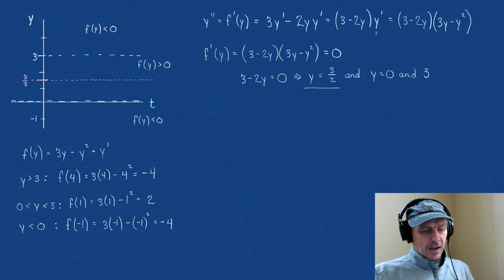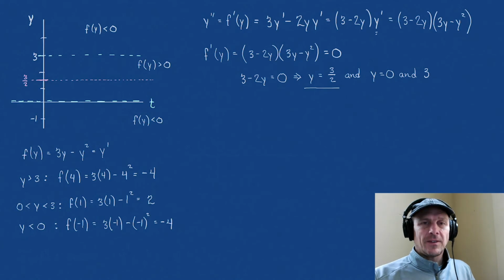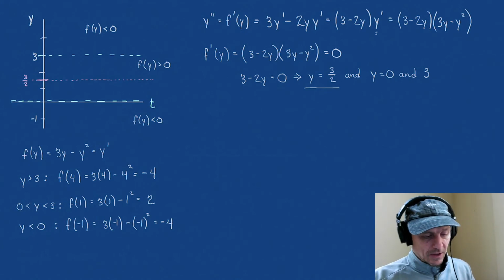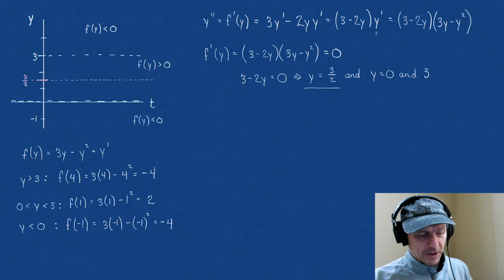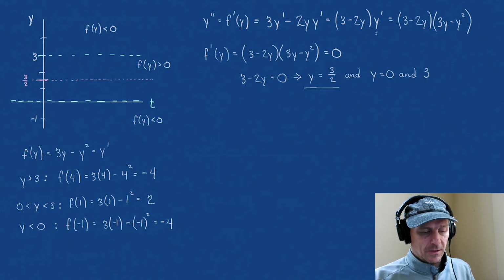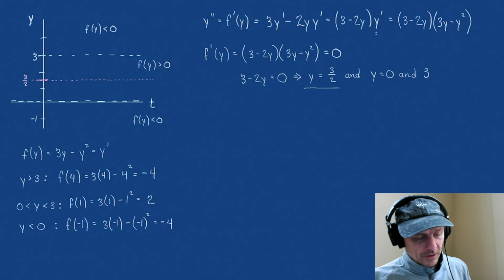All right, now let's try this again. Let's see if the curve is concave up or concave down. And again, we'll start in each of these different regions, plus we're going to have to split the region between 3 and 0. So let's try again.